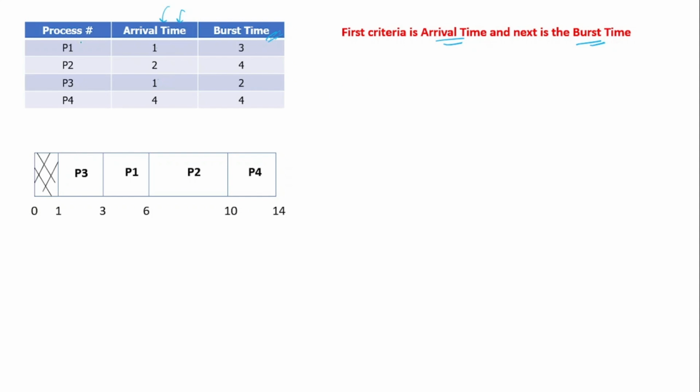So let's say I have a table with the process ID, arrival time and burst time. Now I need to prepare a Gantt chart for the execution. Let me start with the Gantt chart at time 0.